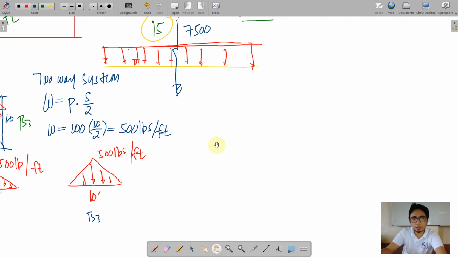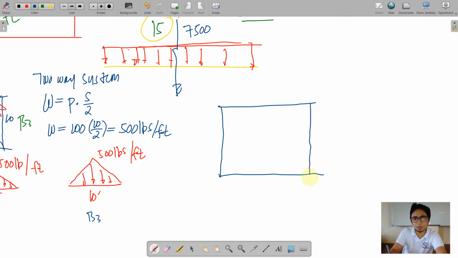What if we have an equal dimension for a slab? Therefore, this is now a square, look like a square slab. Say this is 10 by 10, 10 by 10.